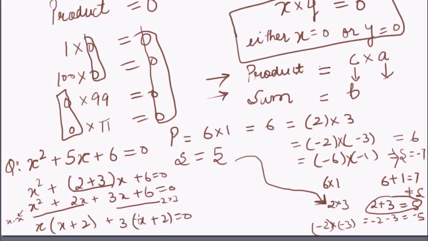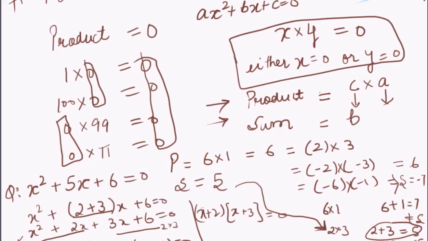Now from these two terms we can take x plus 2 common and get x plus 2 times x, the residue of the first part, plus 3, the residue of the second part, equal to 0. We have established that if a product is 0, then either the first term is 0 or the second term is 0.